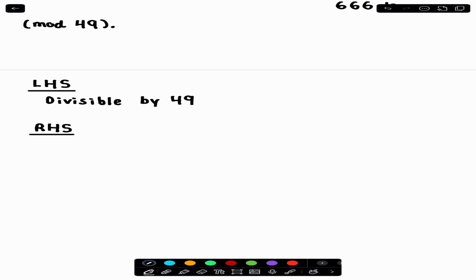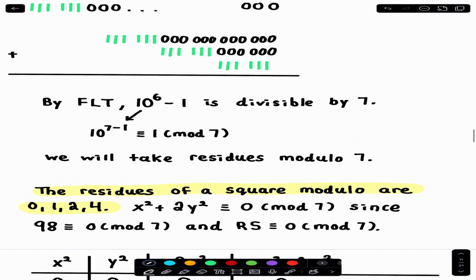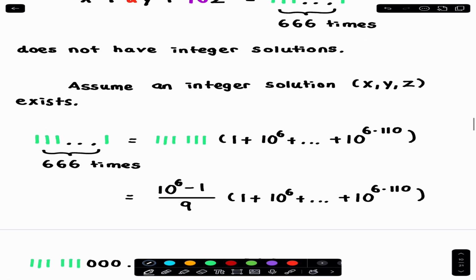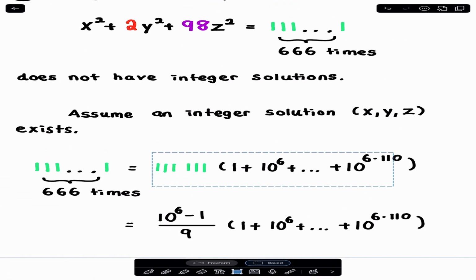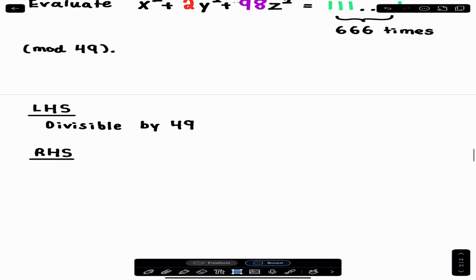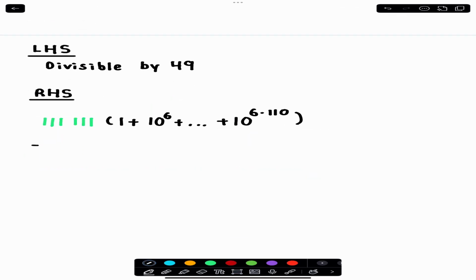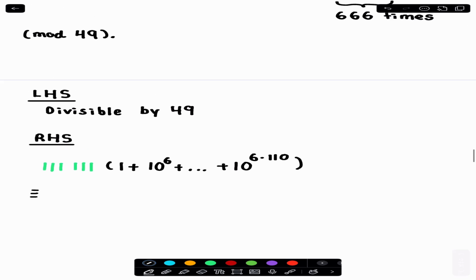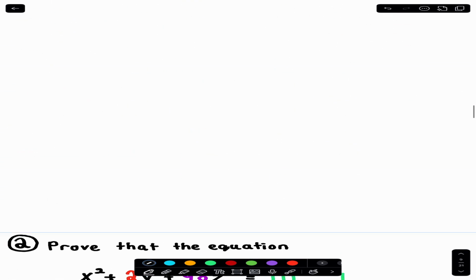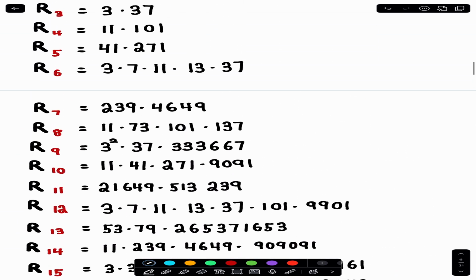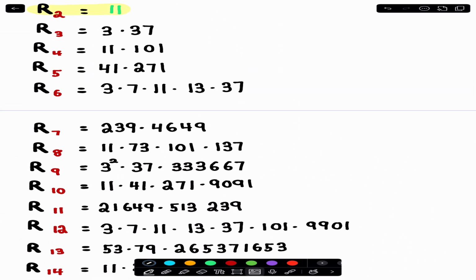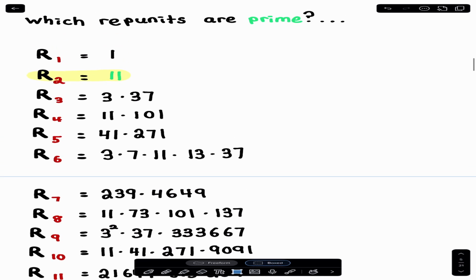The right-hand side is a little bit of a different story. Remember, the right-hand side is equivalent to this over here, and let's see what that is congruent to mod 49. If you go back all the way up here where I showed what rep unit 6 is equal to, it's equal to all of this over here.